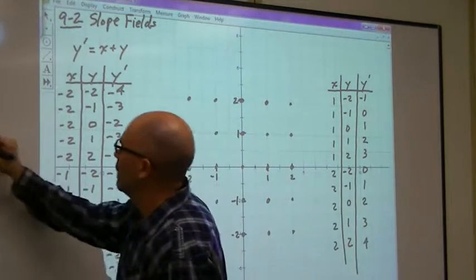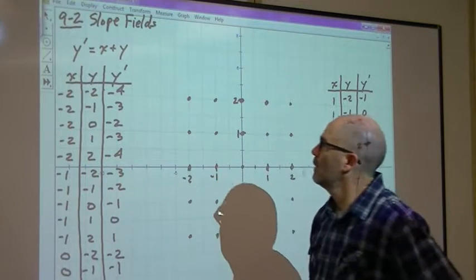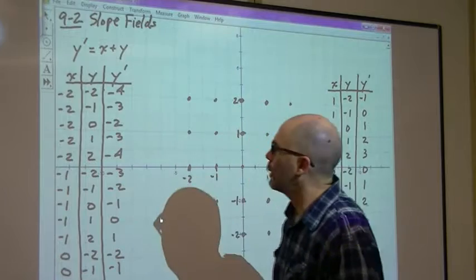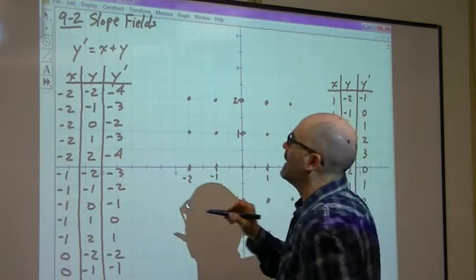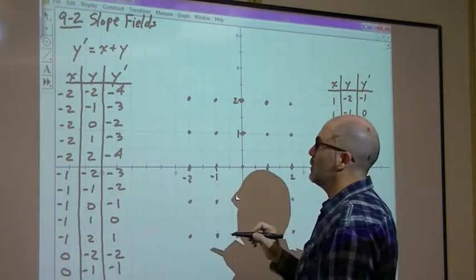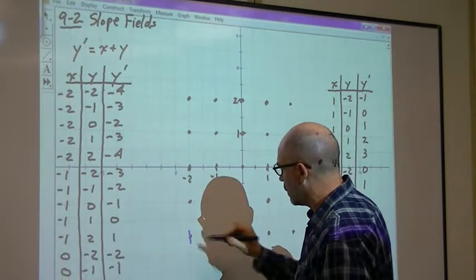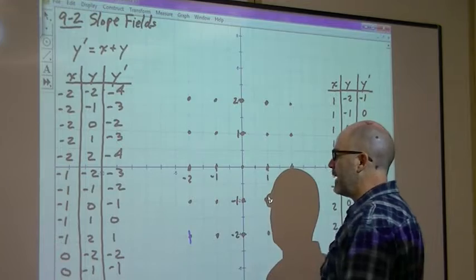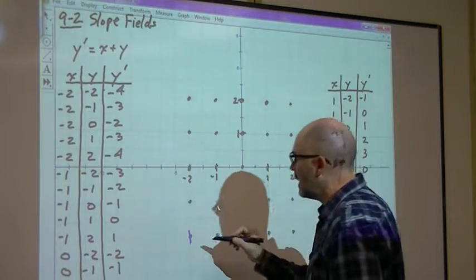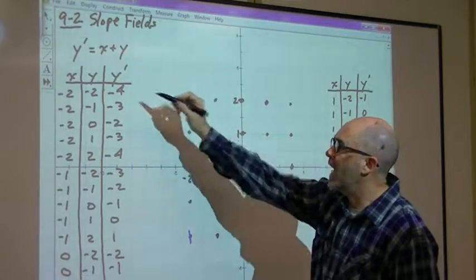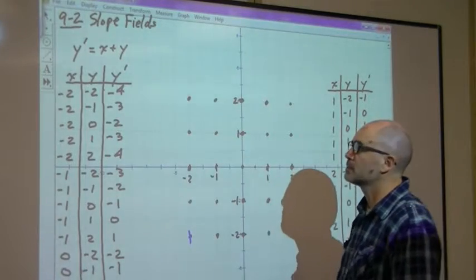We'll put them in blue. I like blue better. At -2, -2, the slope is -4. So there's my slope of -4 right at that point. Now it's not a slope of -4 everywhere. It's only a slope of -4 at the point -2, -2.